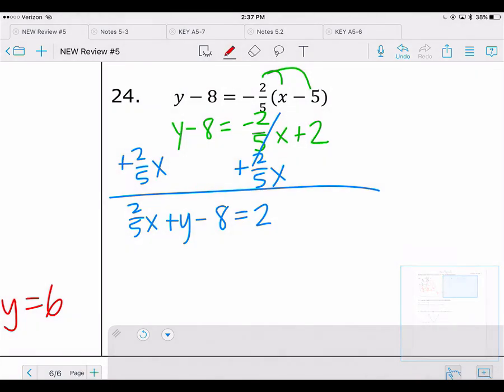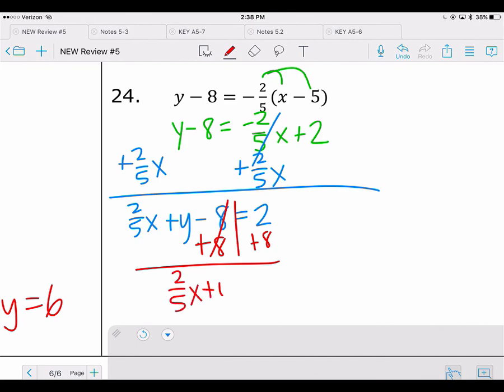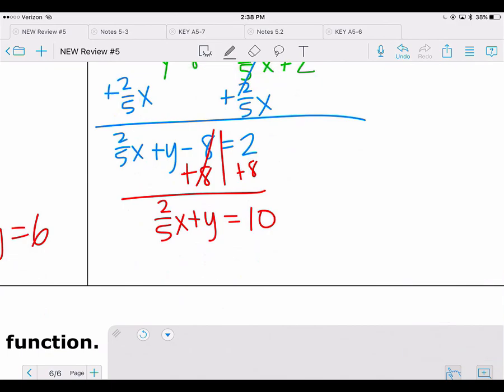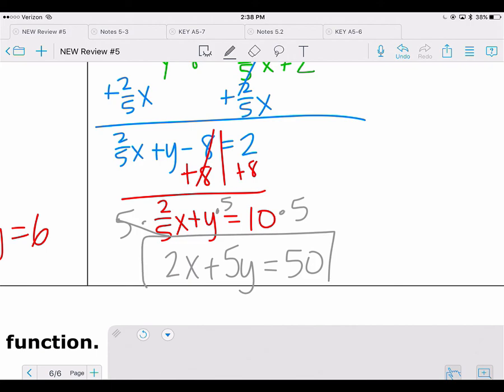I need my numbers on the other side, so I need to move 8 now to the opposite side so that x and y can have some alone time on their own. And then again, I can't have fractions, so I have to multiply every piece by 5. So this becomes 2x. 5 times y is 5y. 10 times 5 is 50.